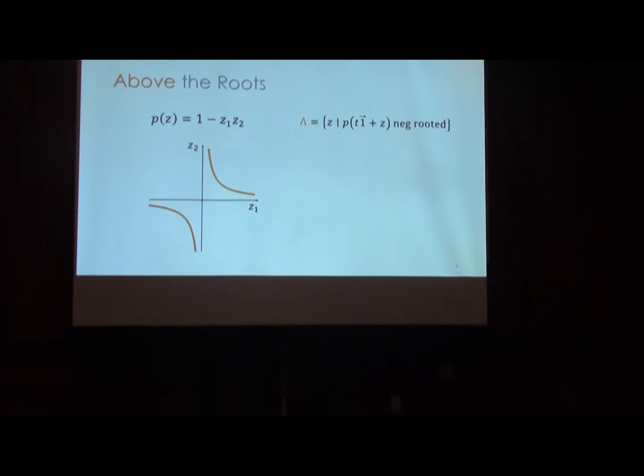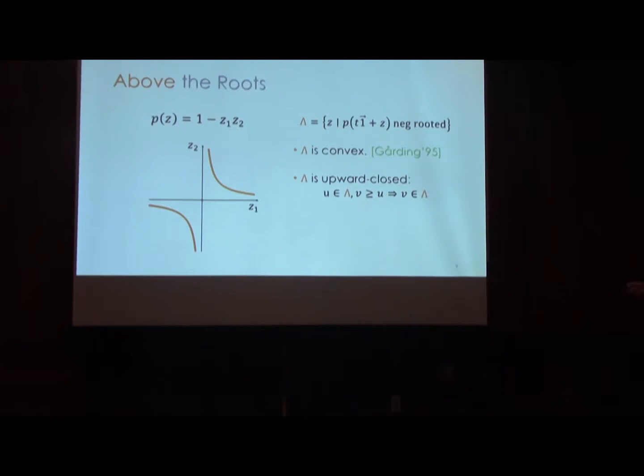Take these linear restrictions. I'm fixing a particular direction, which is the all ones direction, but it actually doesn't matter what direction I fix as long as all of the components of the direction are positive. If you look at all of the points above the maximum roots of these linear restrictions, they become this region that I call above the roots. And this region has a lot of properties. In particular, Gårding proved that this region is convex. It is upward closed.